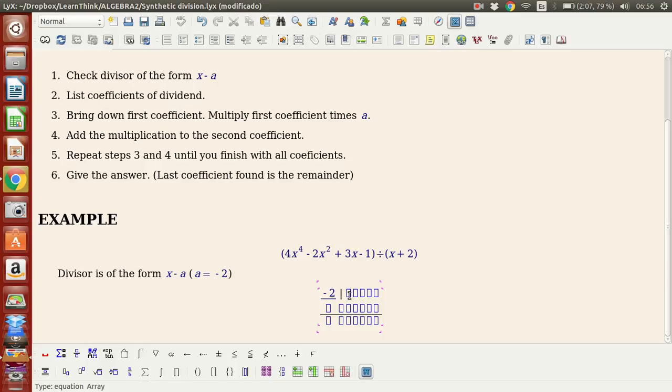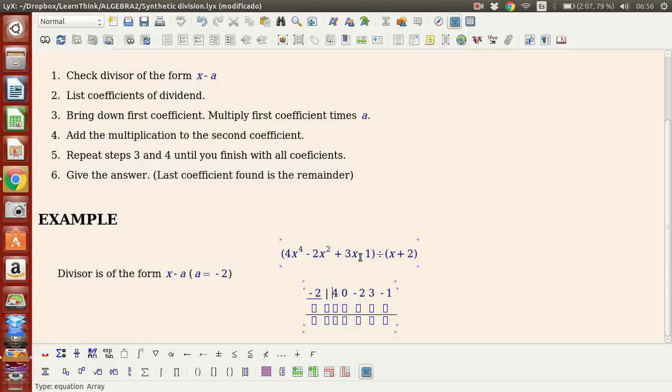Now we're going to list the coefficients of the dividend. The dividend starts with the coefficient of the 4th power, that is 4. There's no coefficient for the 3rd power, so you have to write 0. The coefficient of the 2nd power is negative 2. The coefficient of the 1st power is 3. And the coefficient of the 0th power is negative 1. These are the coefficients.